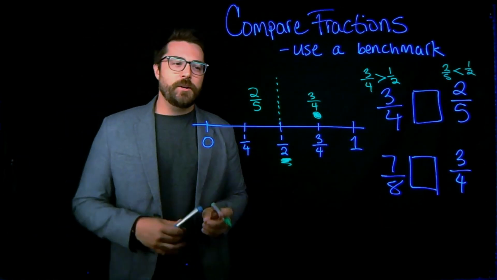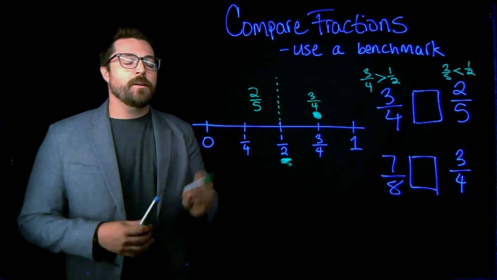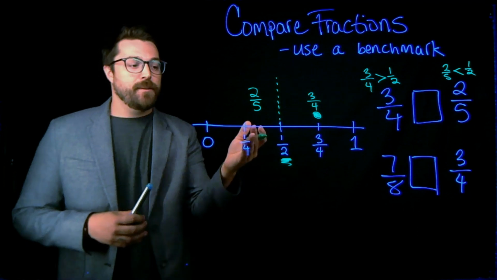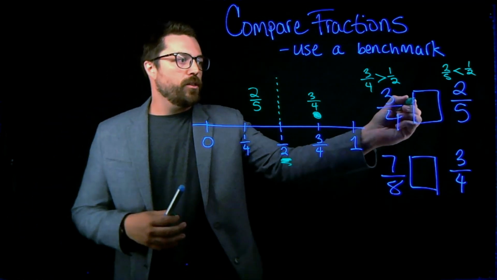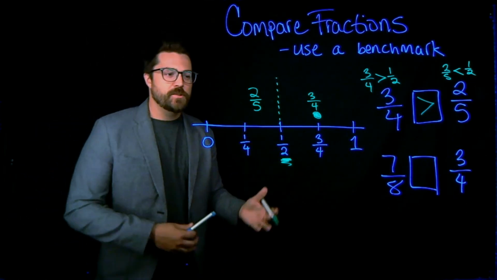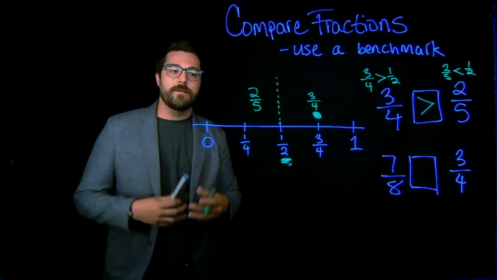Even though I don't know exactly where 2/5 is, because I can compare both of them to 1/2, I know 3/4 is more than a half and 2/5 is less than a half. I can then determine that 3/4 is greater than 2/5. That's what it looks like to use a benchmark quantity to compare.